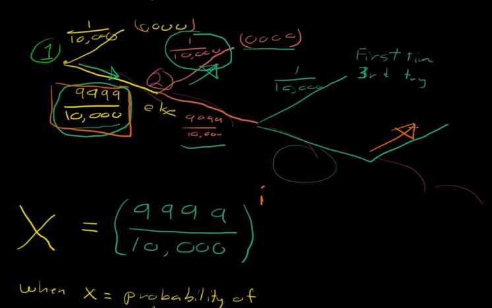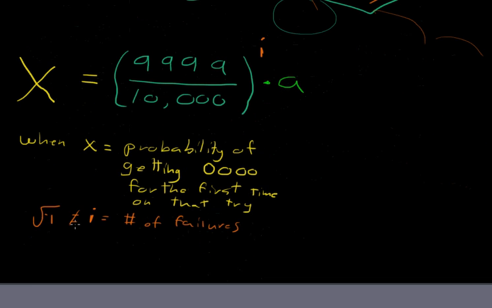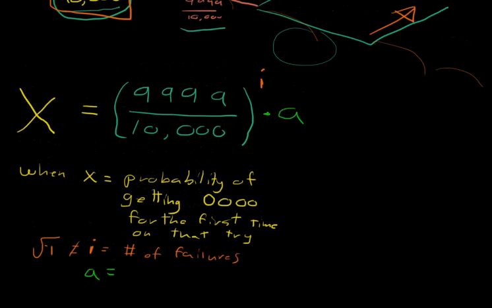And the way to do that is we'll multiply it by, I just want to write an A. Well, I'll use another color. I'll multiply that by A. When A equals, and I think you can guess what A might equal, A is equal to the probability of 0, 0, 0, 0.